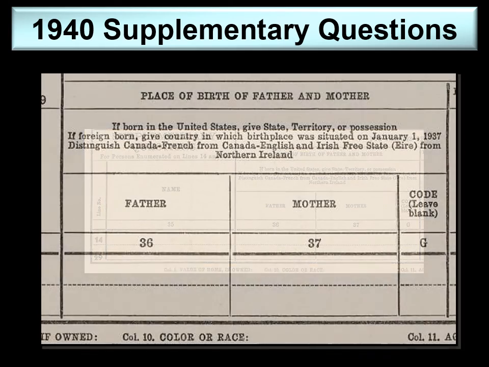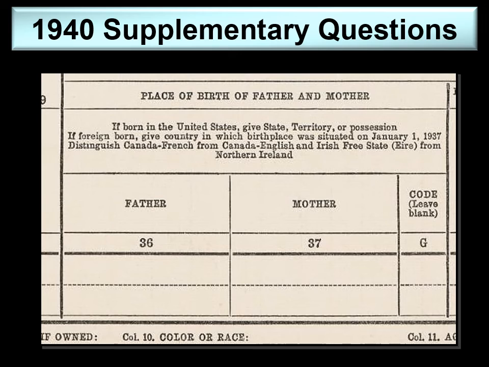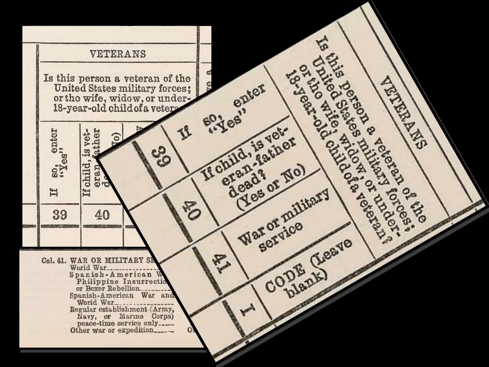If we look at the supplemental questions, remember these are the sampling questions. It does ask for the birthplace of the person's father and mother. It asks whether the person is a veteran or not, and which war they fought in, and there are instructions for the enumerators on the bottom.